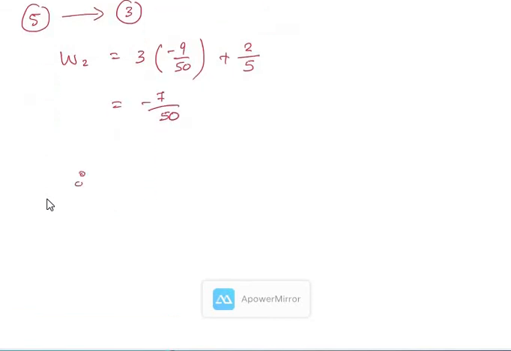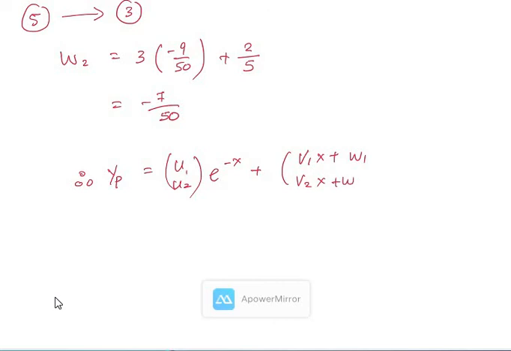So now my yp equal to u1, u2, e to the power negative x plus v1x plus w1, v2x plus w2.